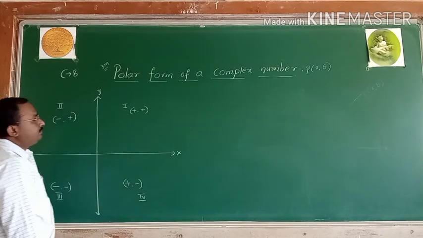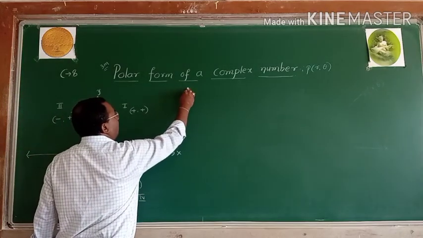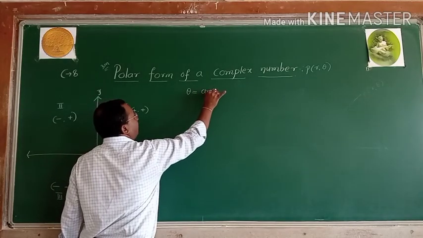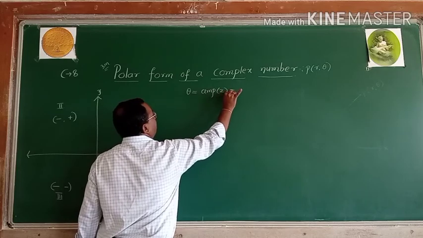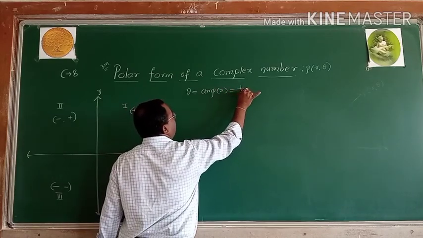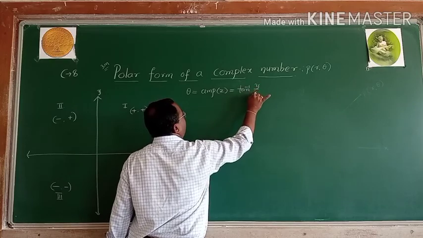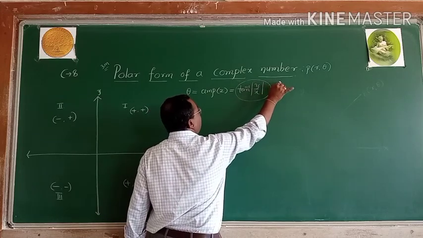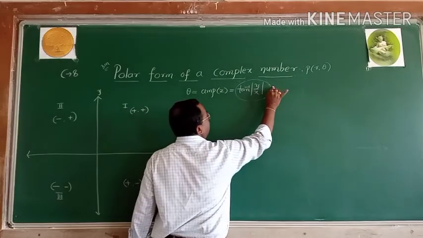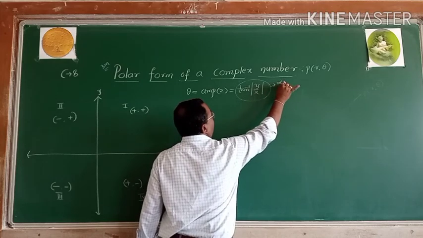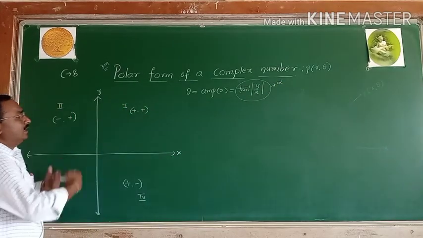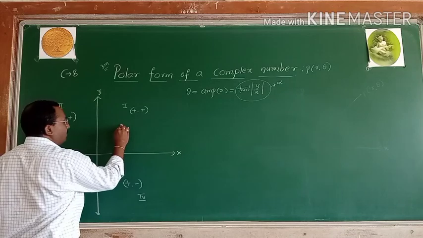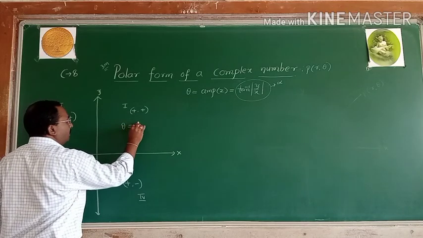Amplitude is what? Theta represents the amplitude. Amp of z is equal to tan inverse of y by x, taking its modulus. If theta lies inside the quadrant, we denote that by alpha. If the amplitude is in the first quadrant, theta is directly alpha.